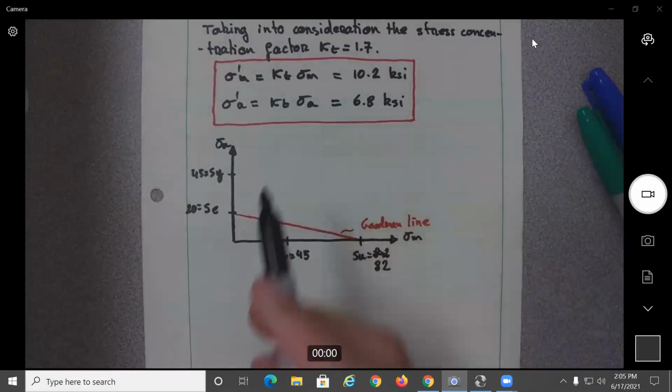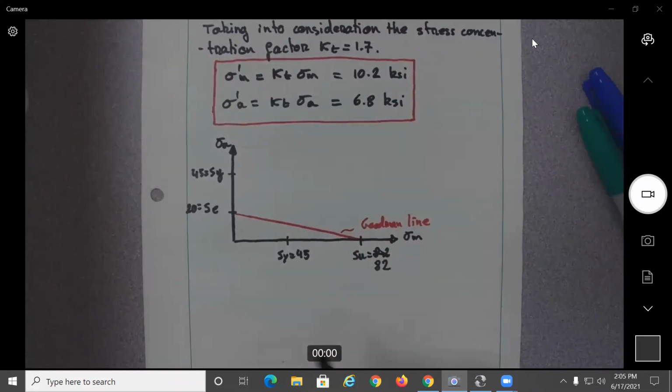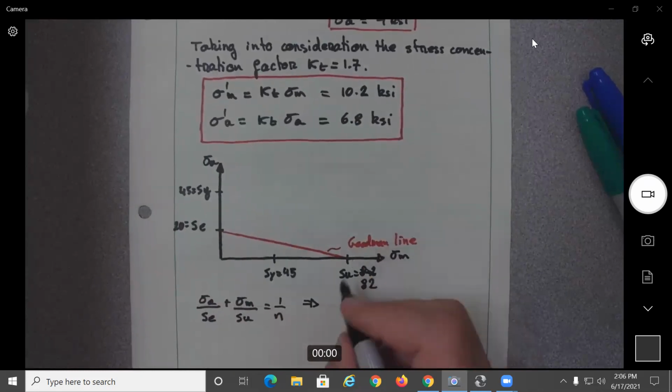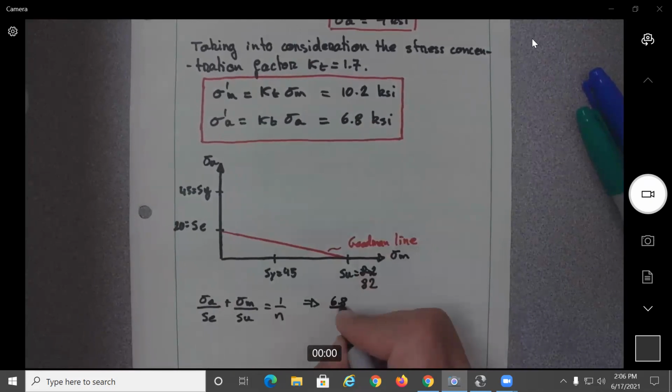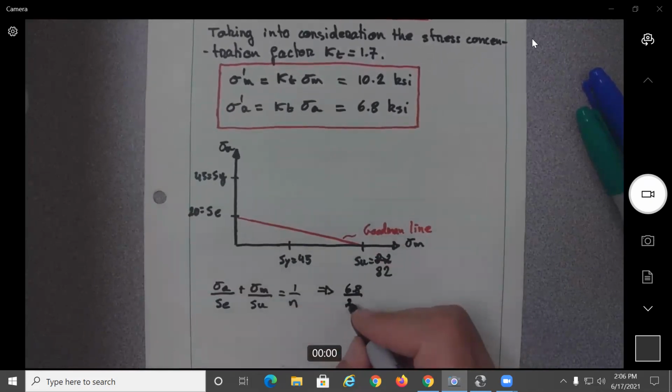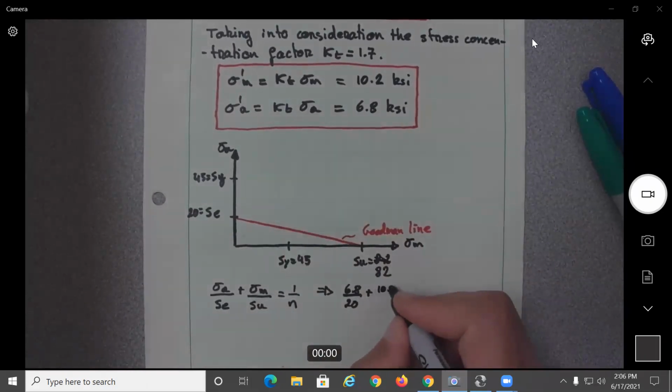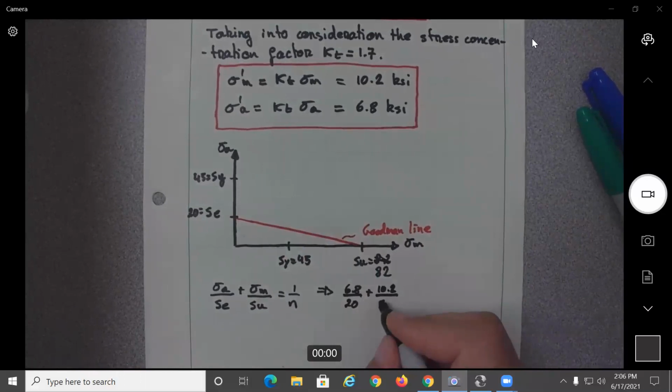So we say safe. What was the equation we had for the Goodman line? It was sigma sub A divided by S sub E plus sigma sub M divided by S sub U equal to 1 over N. So basically this equation here will give us the alternate is 6.8 divided by the S sub E, which is 20, plus sigma sub M is 10.2 divided by the ultimate that is 82.